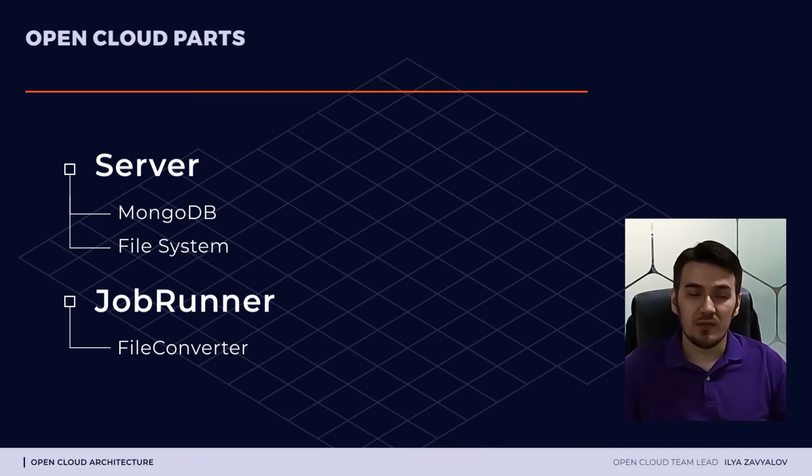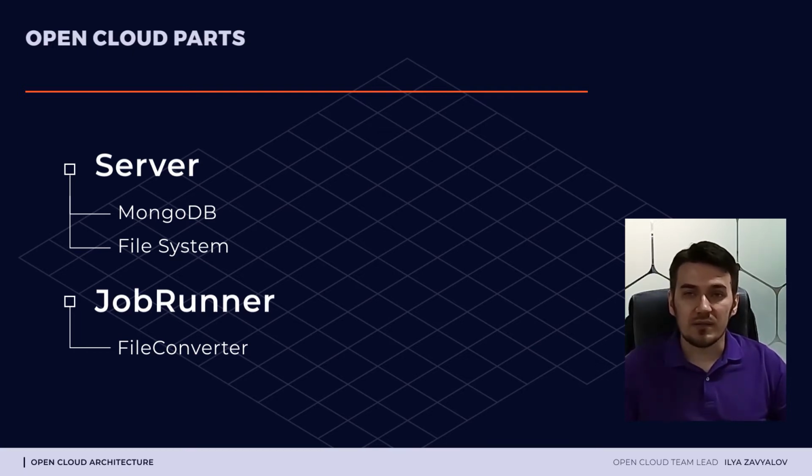Then it will download all necessary information and resources which are needed to perform this task, and then it will carry it out. It is important to clarify that job runner interacts with the server through the REST API and can be run on another server instance.